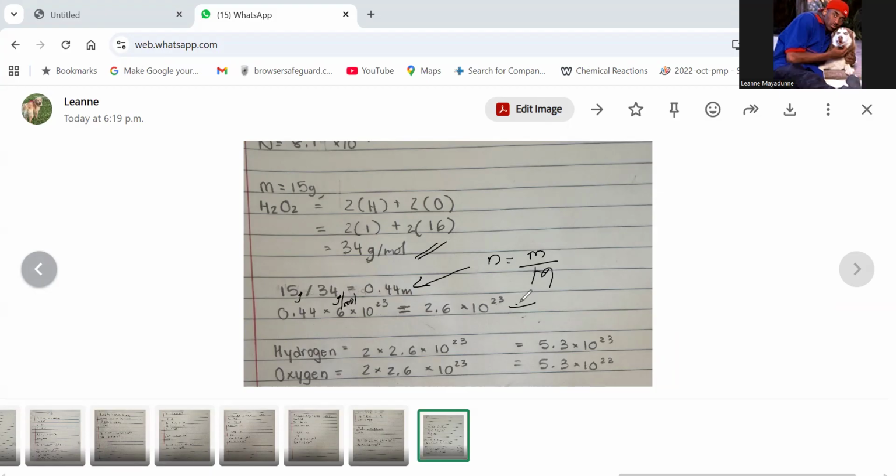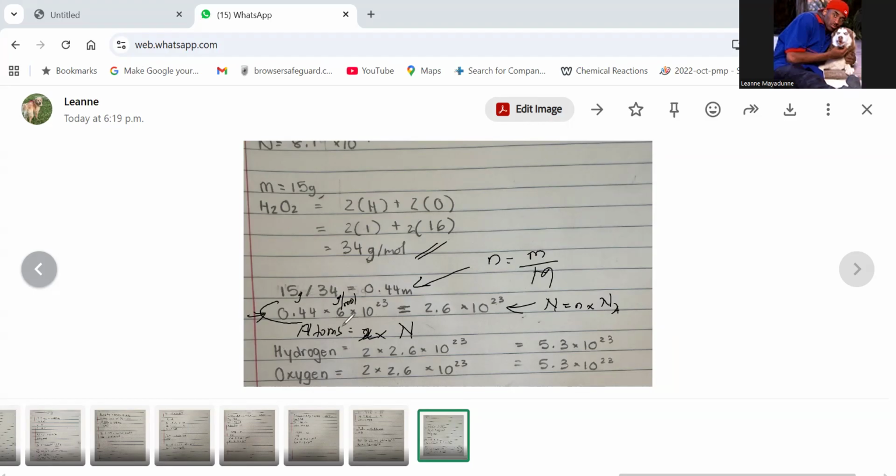Here you have used the formula N is equal to n into Na, correct? Yeah. So you should have shown that over here. Before solving, you need to represent the formula. And here you need to say x multiplied by n for hydrogen, or for atoms.